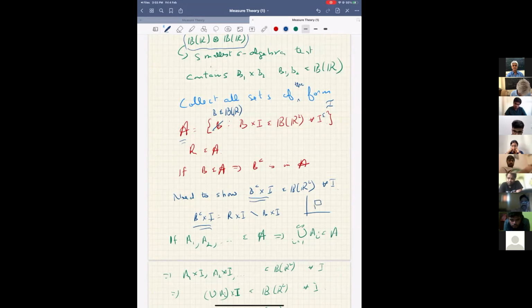Let's say this is my I, this is my set B. Then the complement of this set here is this whole strip minus this set. So R cross I is in my set and B cross I is in my set. And we have a sigma algebra, so both these sets are in it, and the difference is also there.